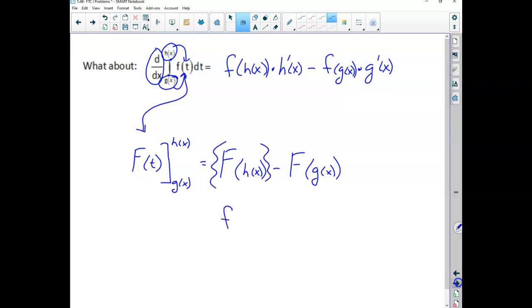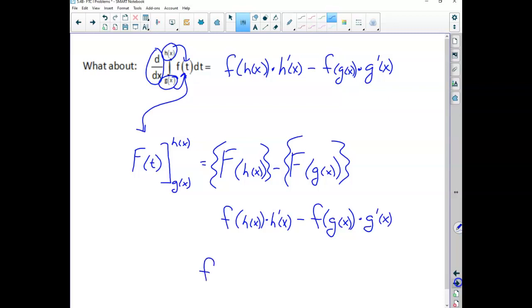So that's going to be f of h of x times h prime of x, the derivative of the inside, minus another composition function. That's little f of g of x times g prime of x. And remember, little f is big F prime of x when I'm looking at that. That's a notation we've got to be comfortable with, and I understand it's new, but there we go.